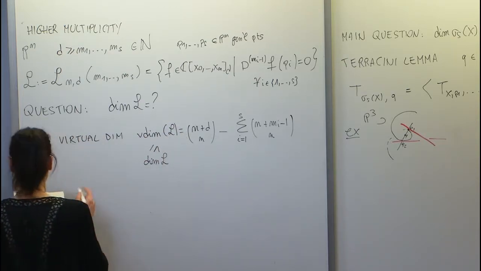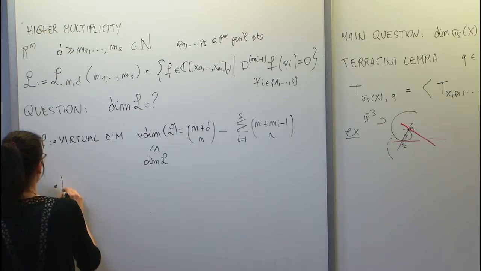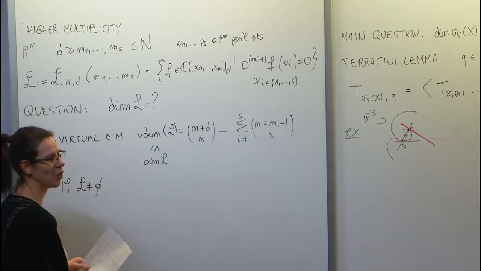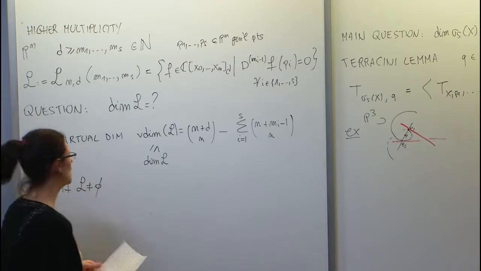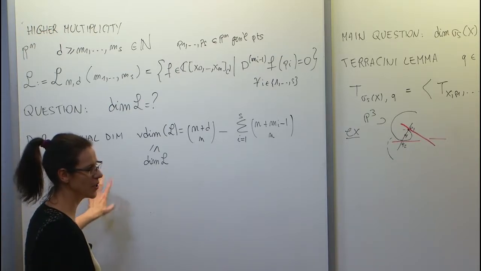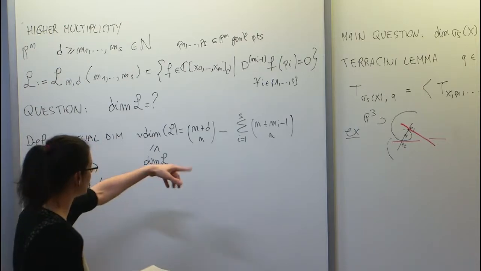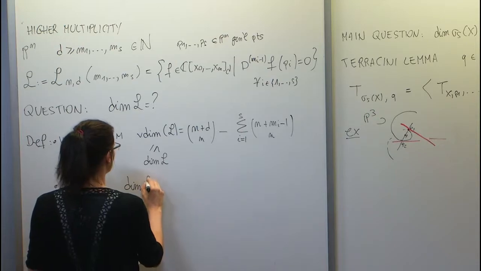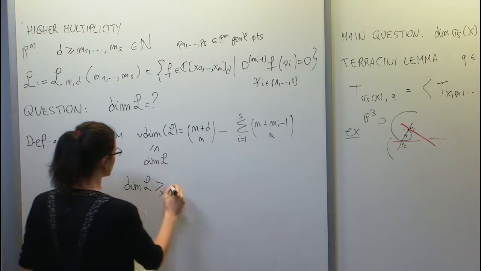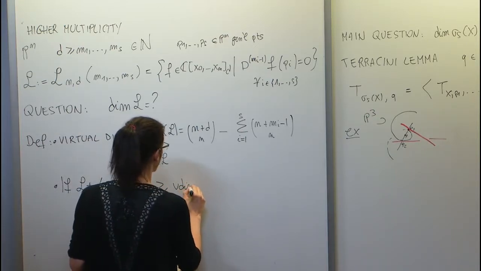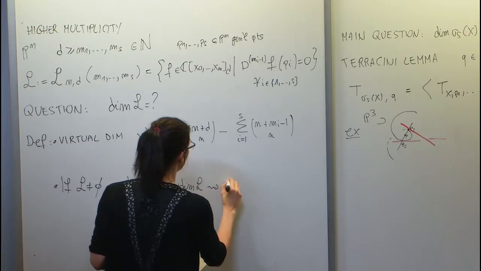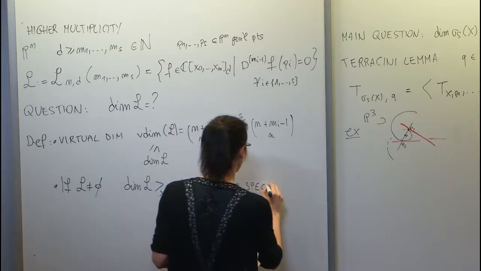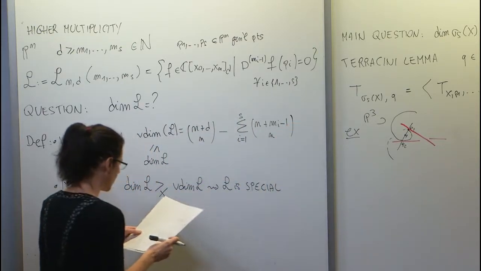And then, let's just take non-empty objects. So let's assume that there is actually something in this linear system, that there exists some polynomial satisfying this interpolation condition. If the dimension is strictly bigger than the expected dimension, then I say that L is special, defective, so when the conditions are not linearly independent.